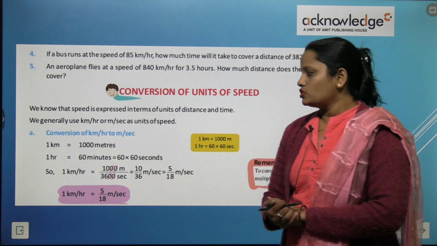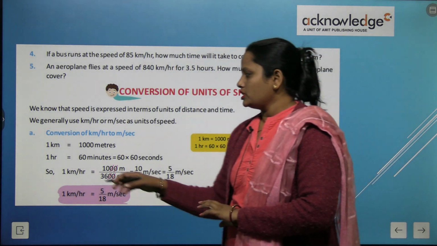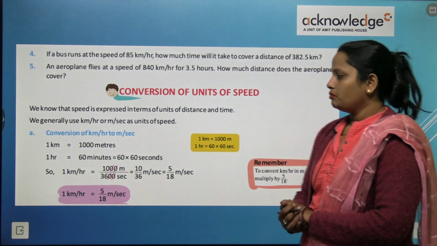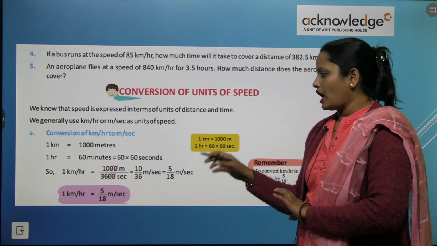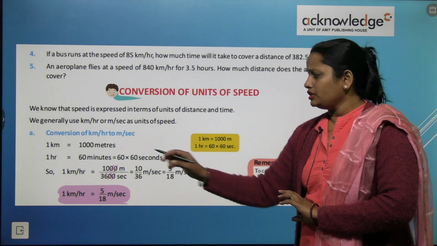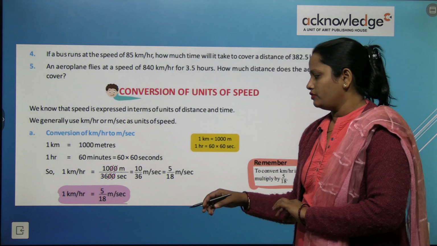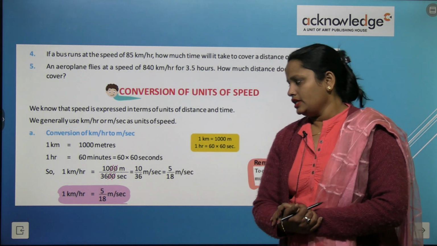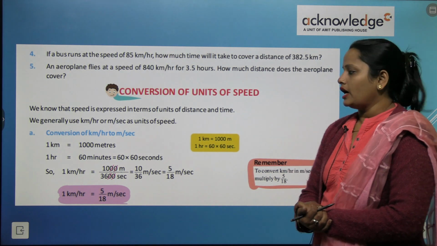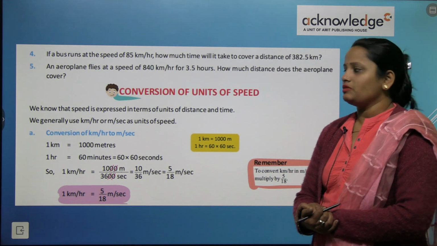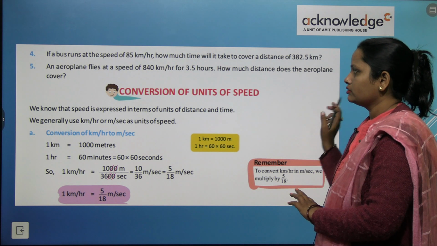Now when we solve this for converting 1 kilometer per hour into meter per second, we have to divide these two numbers, and on division we get 5 upon 18 as the answer. So here 1 kilometer per hour is equal to 5 upon 18 meter per second.